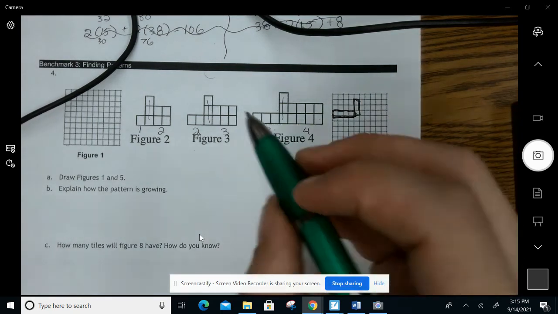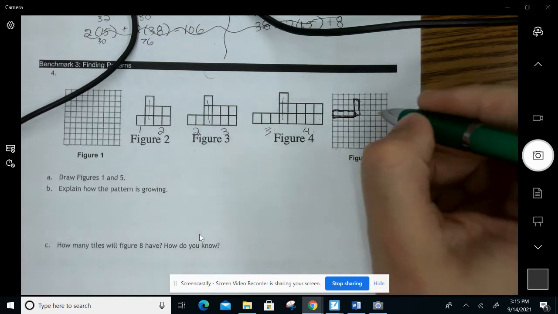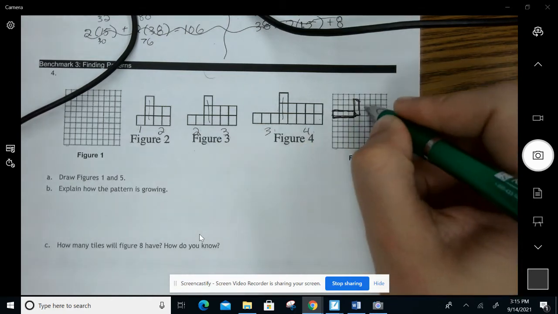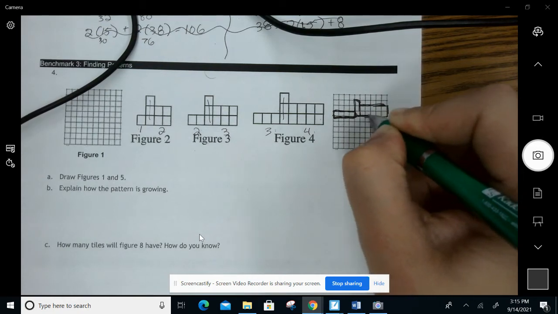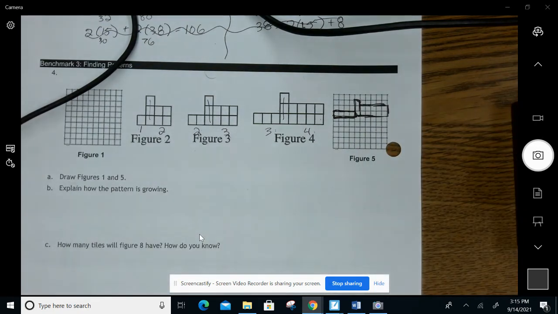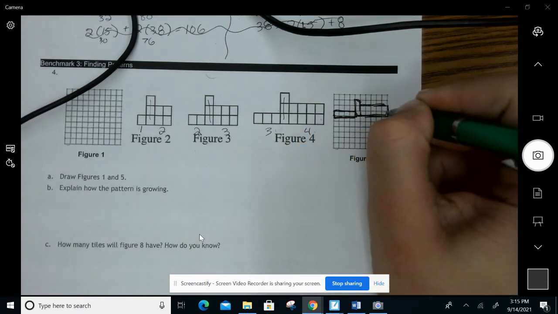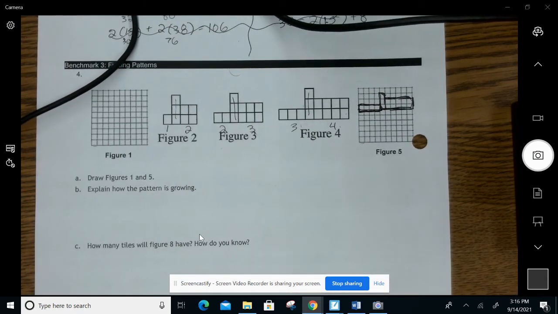All right. And then it was 2, 3, 4, so 5. Now these rows look a little different, right? All right. So it looks something like that.